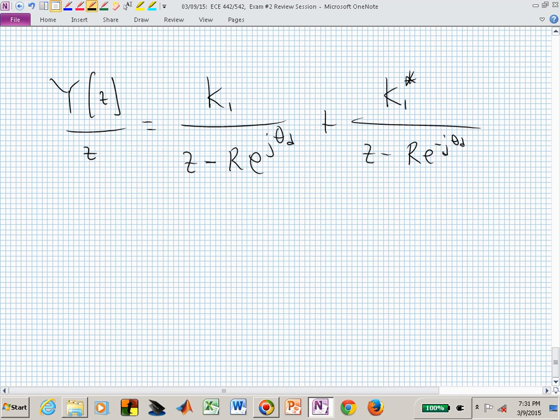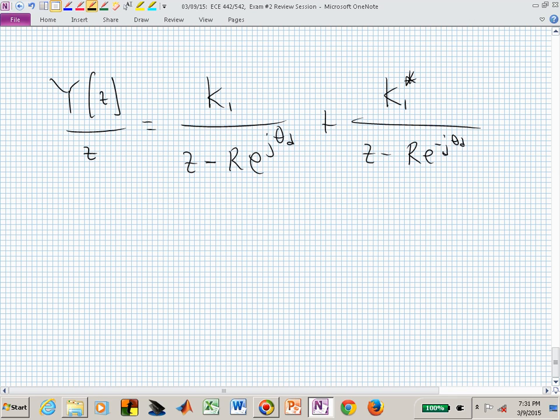We're keeping this because we're in this controls scenario. We are dealing with z's and not z to the minus 1s. We want to keep it such that when we find the K1 and the K1 star, we can solve back for capital Y of z, and that z will appear in the numerator.